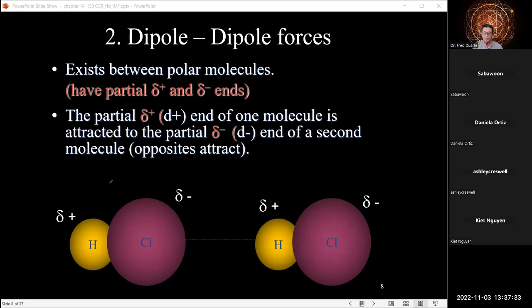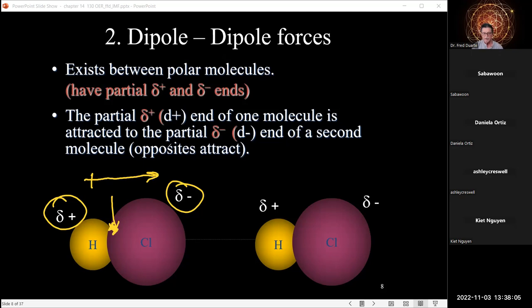So there's bond sharing going on here between the chlorine and the hydrogen in that bond, but the chlorine is a lot more electronegative than the hydrogen, and so we end up with the electron density being pulled toward the chlorine, resulting in a partial positive on the hydrogen side and a partial negative on the chlorine side, okay?